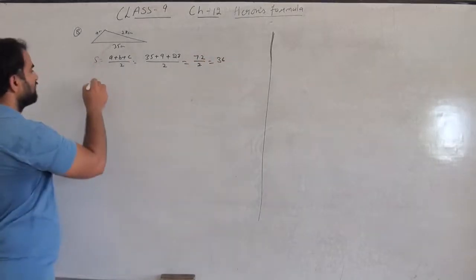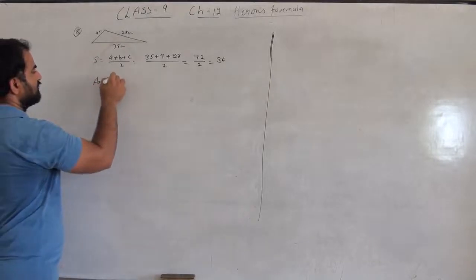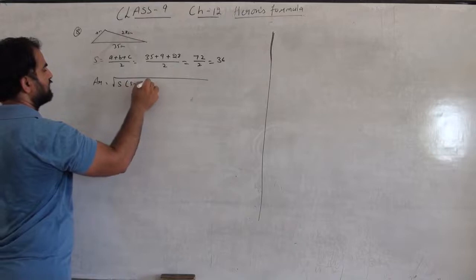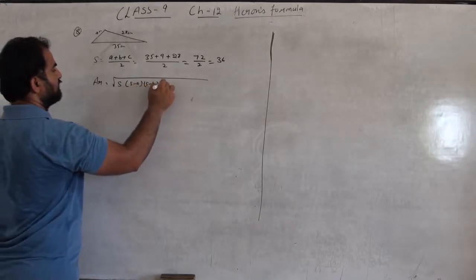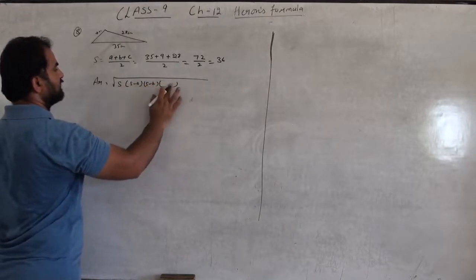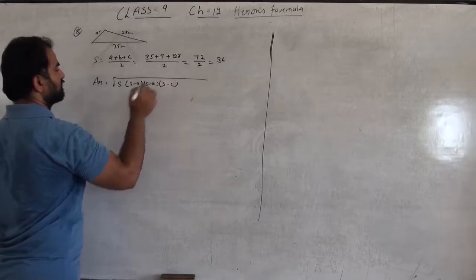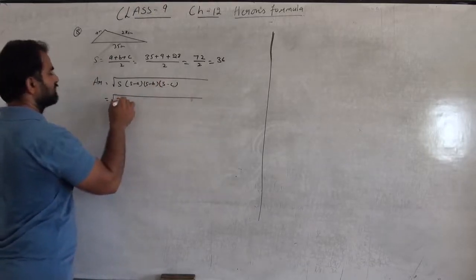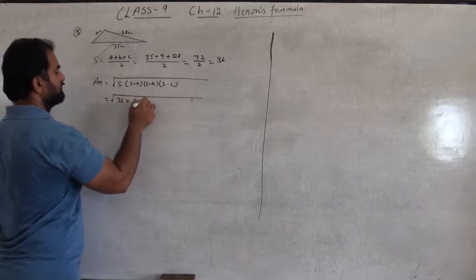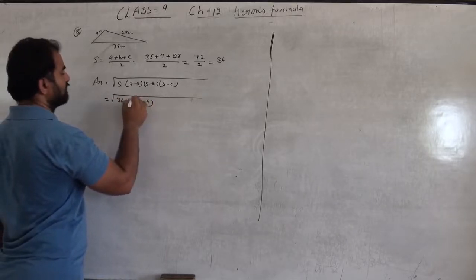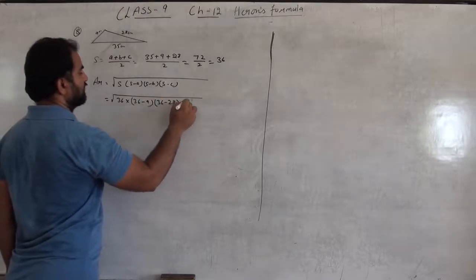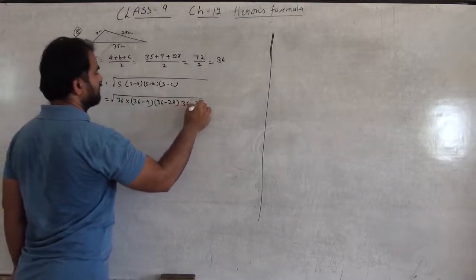Okay, then area is root S, S minus A, S minus B, S minus C equals root 36 into 36 minus 9, 36 minus 28 and 36 minus 35.